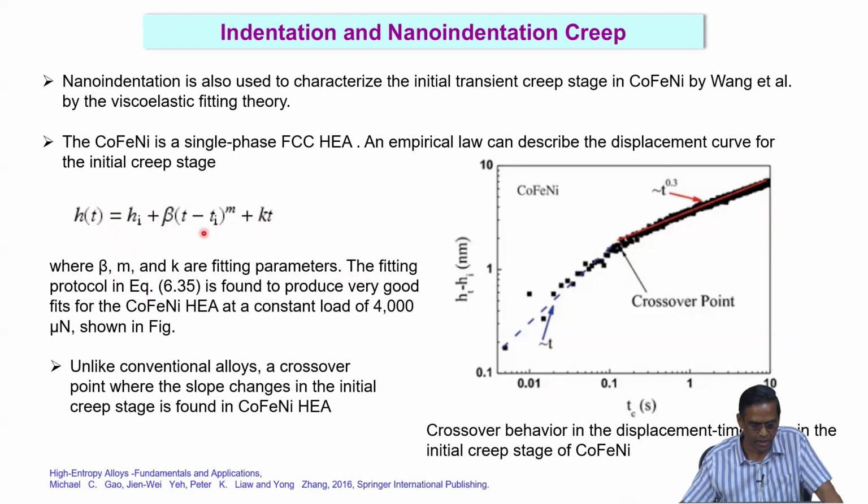Beta, m, K are fitting parameters, and the fitting protocol for this equation is found for this alloy at a constant load, as shown in this figure.